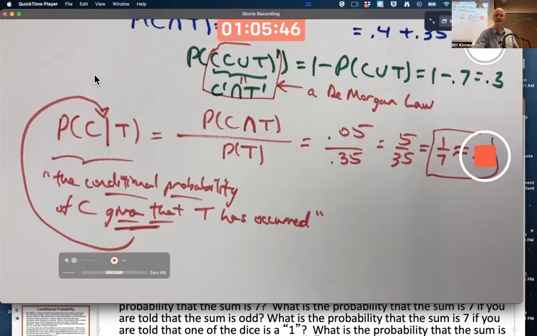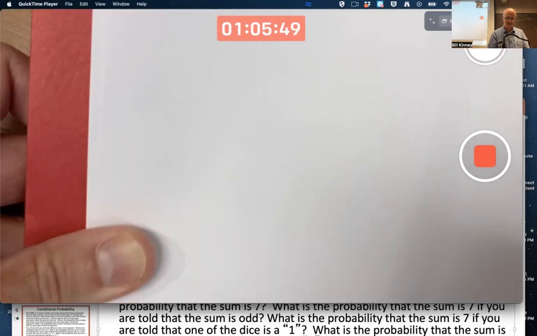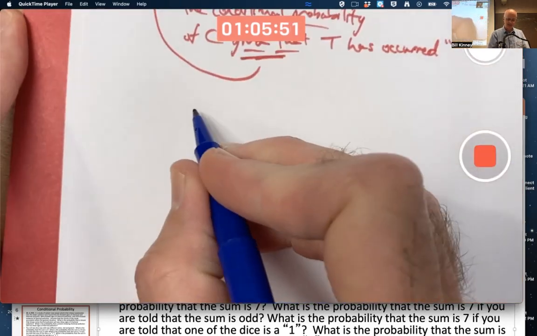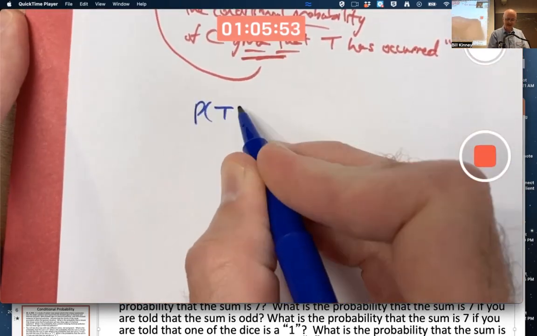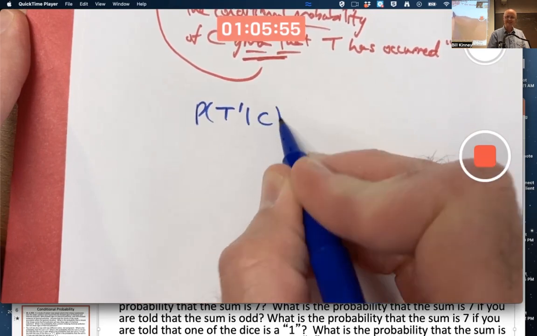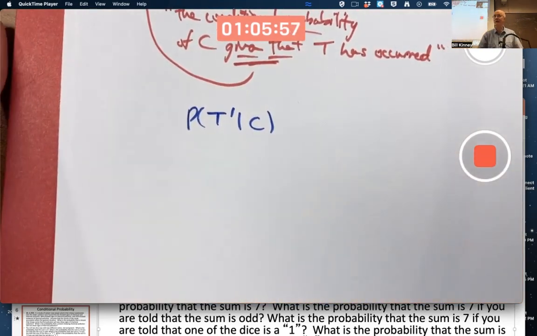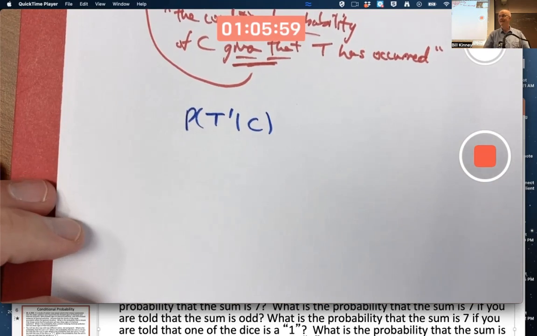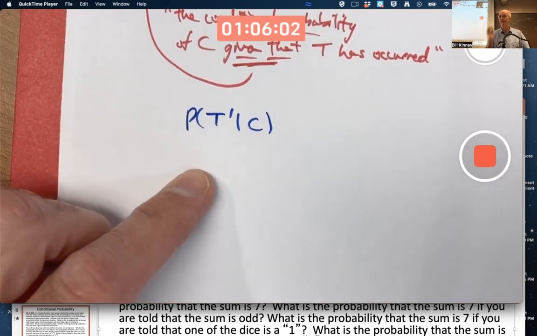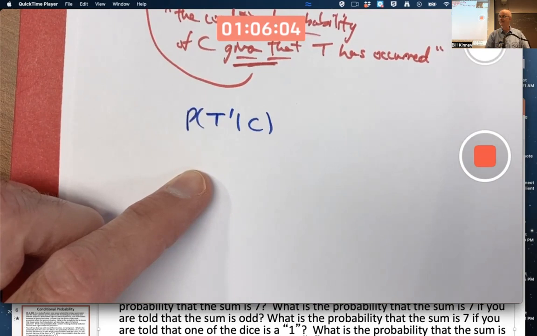In the second part, we want to find the probability that it does not show thermal pollution. Oh, tricky, tricky, tricky. These do get tricky. You got to write down the right symbol to help you make sure you get it right.